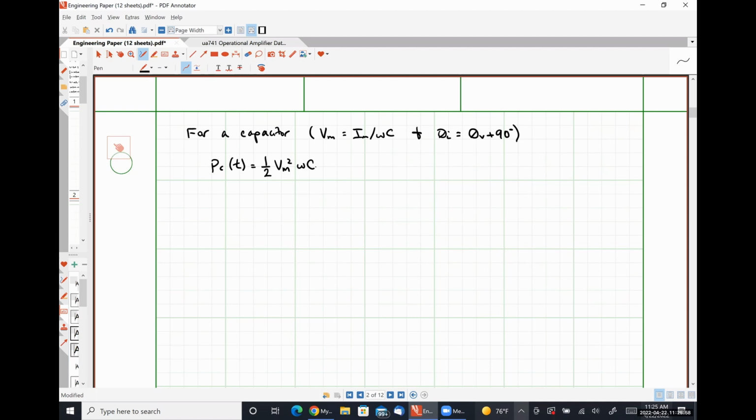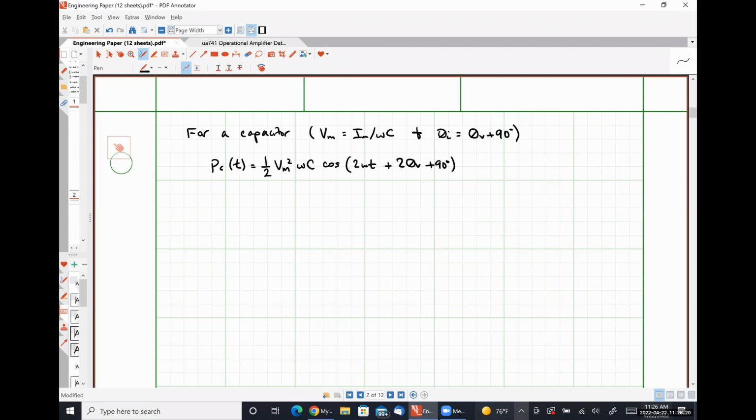What's the cosine of negative 90 degrees? 0. So again, we have no DC part. And we'll have cosine of twice omega t plus twice theta V plus 90 degrees.